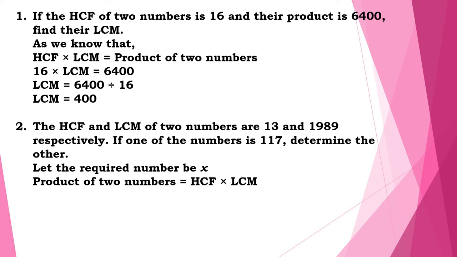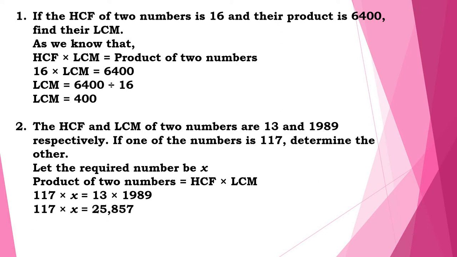Product of two numbers is equal to HCF into LCM. So 117 into x is equal to 13 into 1989. So 117 is one of the numbers and the other number which we have to find is x, and 13 is the HCF and 1989 is the LCM, right?